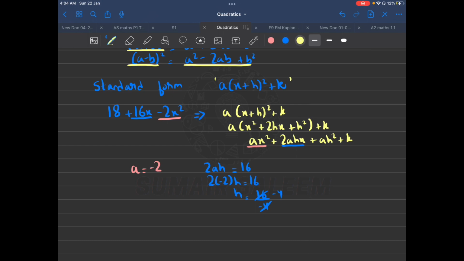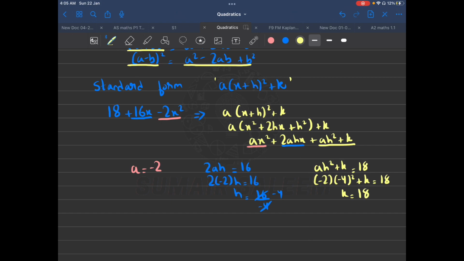What's written without x? ah square plus k is equal to 18. What's a? Minus 2, minus 4 square plus k is equal to 18. So my value of k will be, minus 2 into 16 makes what? Minus 32.